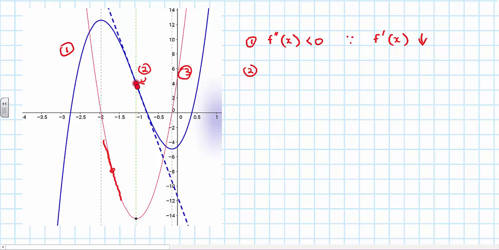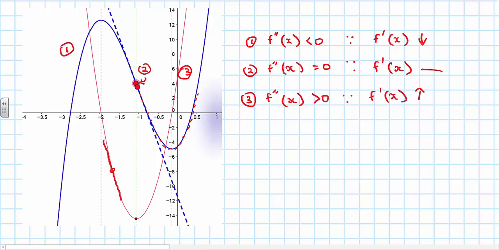At point 2, my second derivative is equal to 0, and that's because there is no change in gradient function. It's stationary. And in section 3, the second derivative is positive because those gradient values at these points are getting greater, bigger and bigger and bigger, because f dash x is increasing.